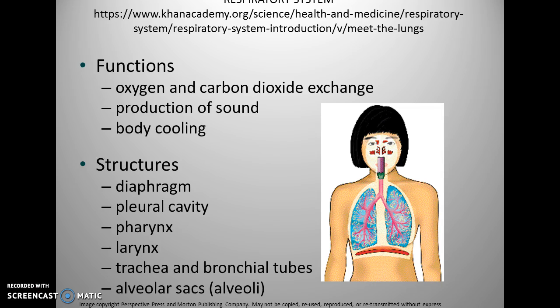Okay, we have the respiratory system. Again, a great video from Khan Academy, and basically this is associated with the exchange of oxygen and carbon dioxide, and the production of sound. So you begin within the nose with the intake of air. It goes through the pharynx.